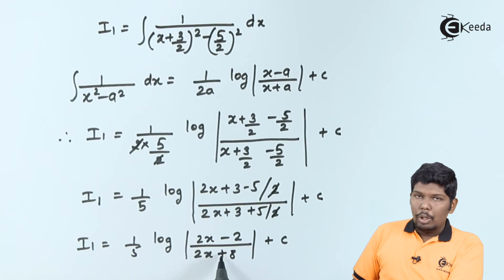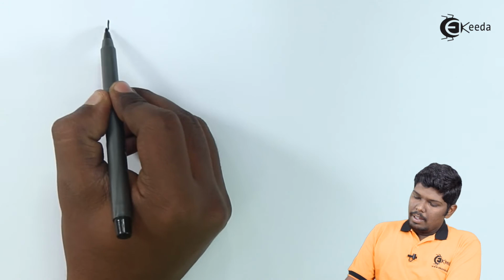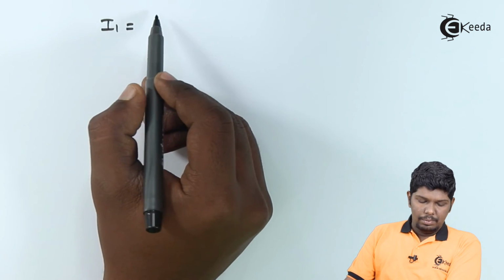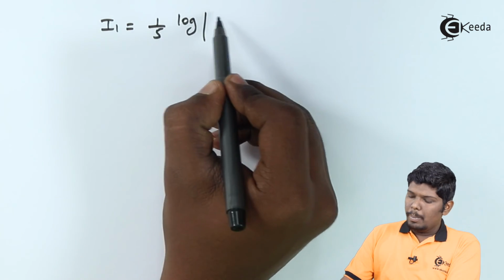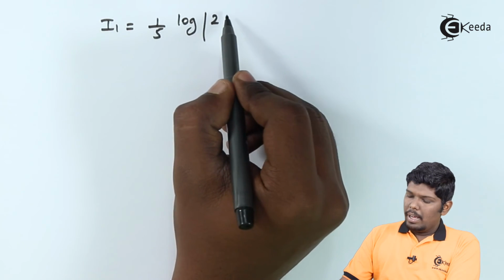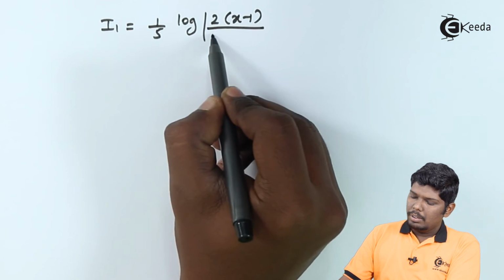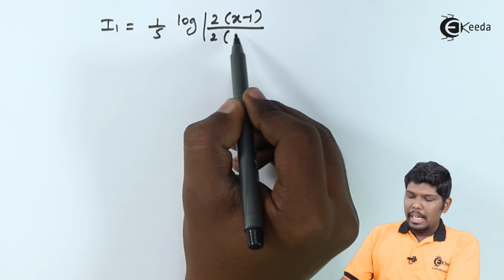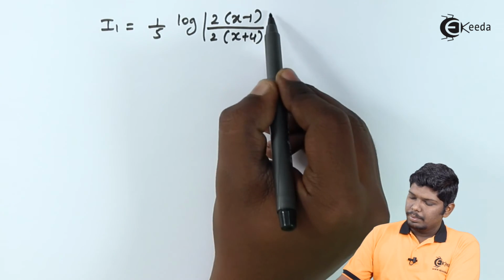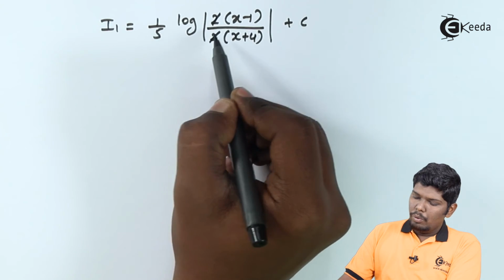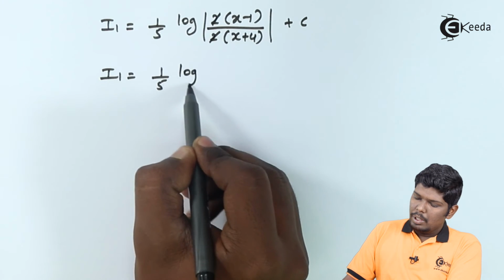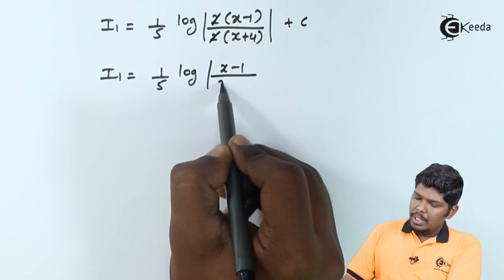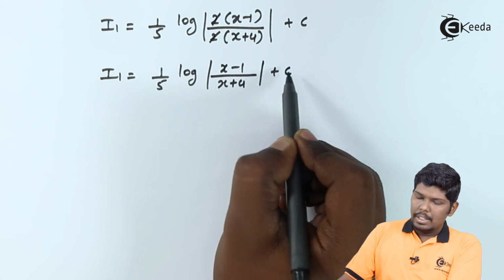Again, in the numerator and denominator you can take 2 common, which will simplify the equation as I1 equal to 1 upon 5 log, taking 2 common, x minus 1 upon 2 into x plus 4, plus c. 2 will be cancelled and the value of I1 will be 1 upon 5 log of x minus 1 upon x plus 4 plus c.